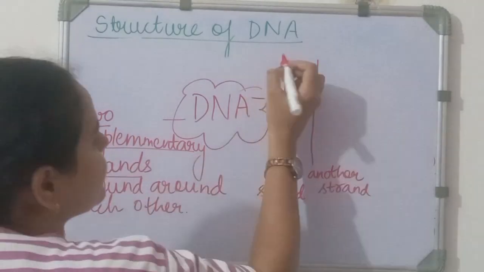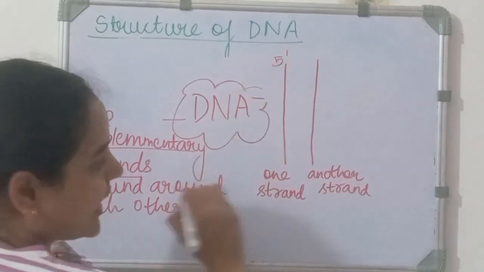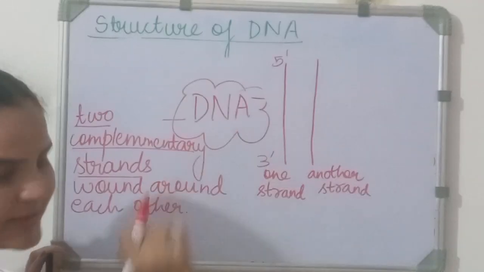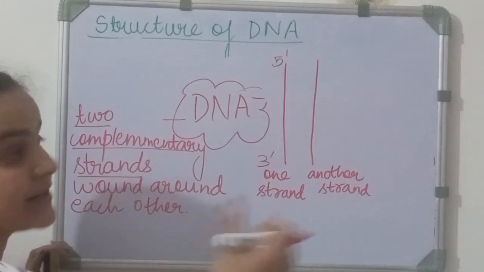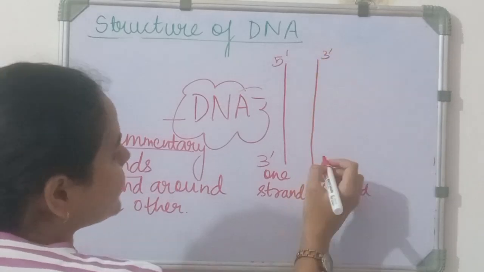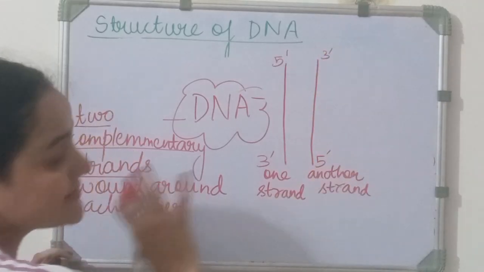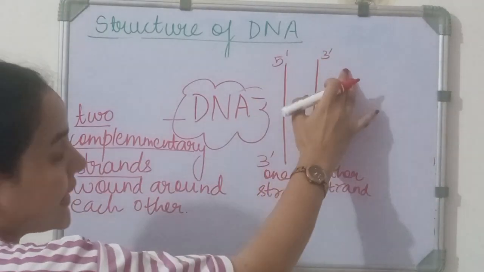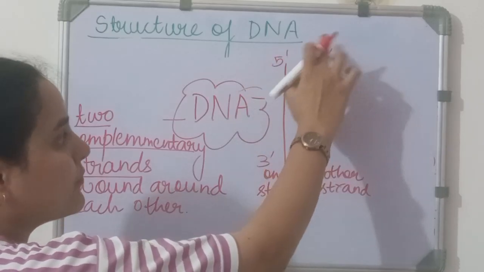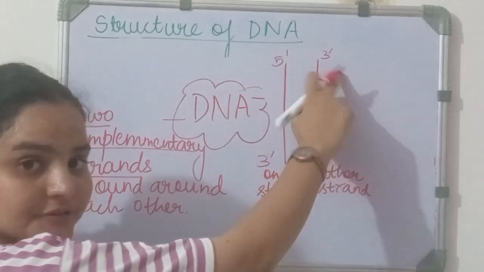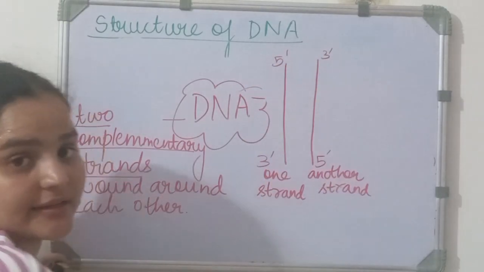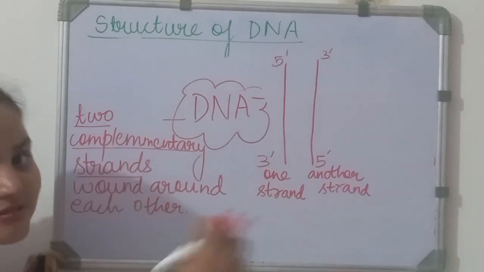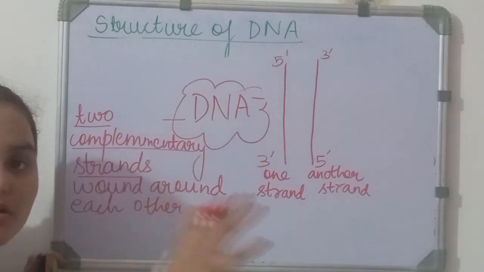Complementary means if one strand is 5 dash to 3 dash, the other strand will be 3 dash to 5 dash. In front of 5 dash we will have only 3 dash, not 5 dash. Like the magnet, north always attracts south, and north will always repel north.